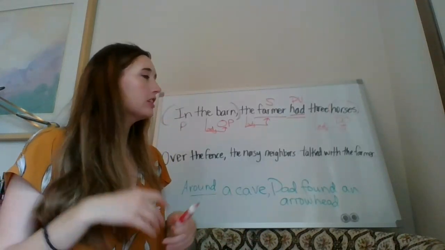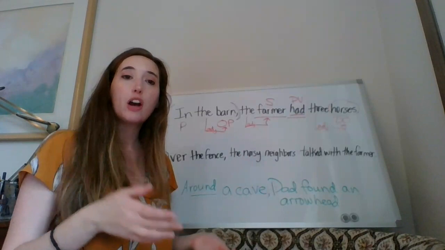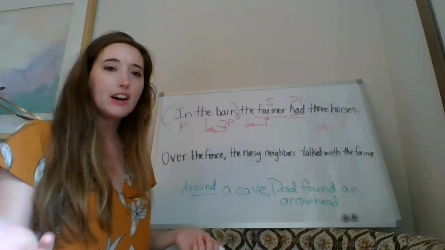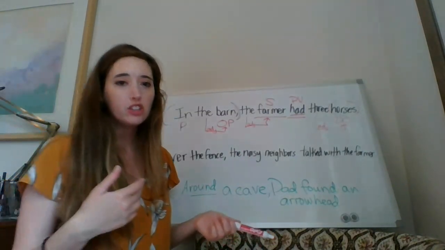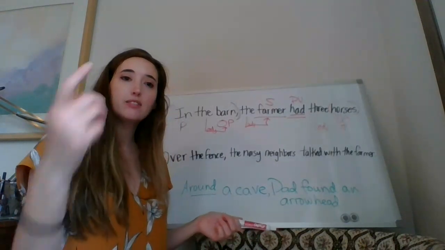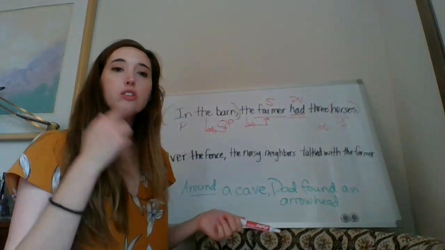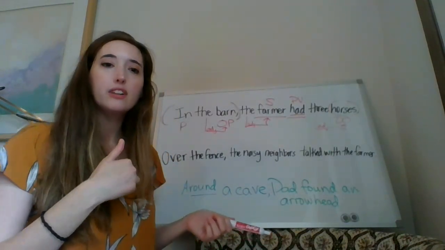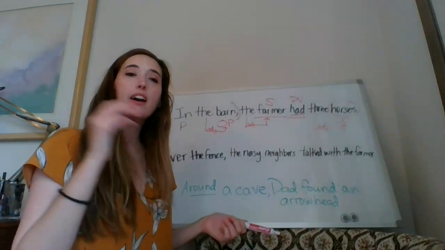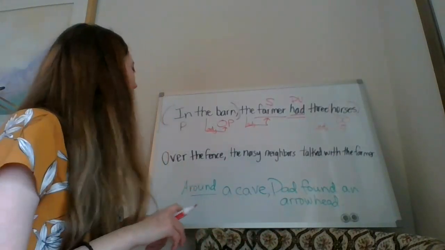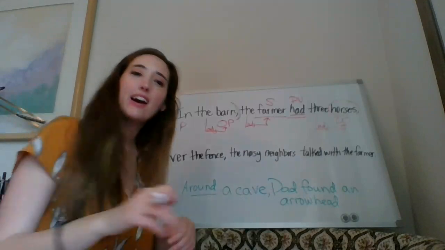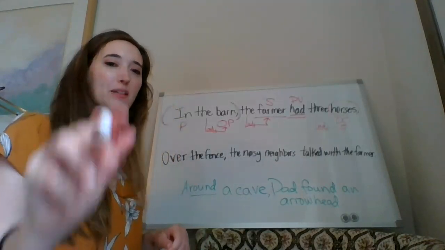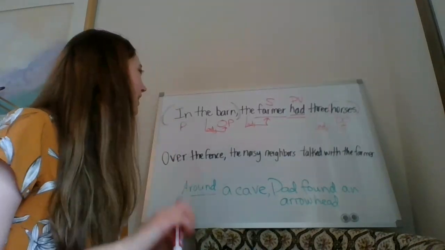So an adjective is a part of speech used to describe or define the meaning of a noun or a pronoun. It answers the questions how many, whose, which one, or what kind. It modifies a noun or a pronoun.